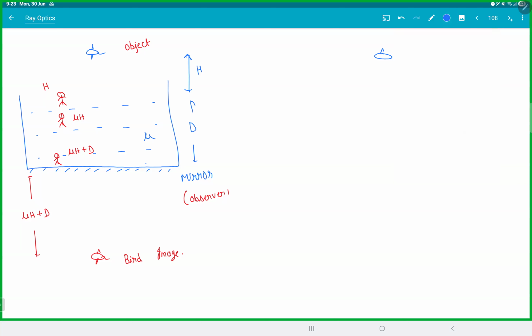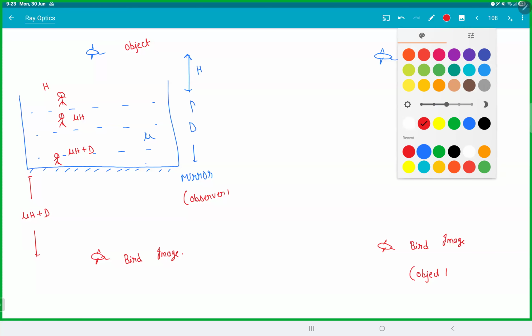Now your bird is there. Your bird is the observer. Your bird's image is the object. Now understand, the bird does not know there is a mirror, there is a pool, nothing. So what will this think?